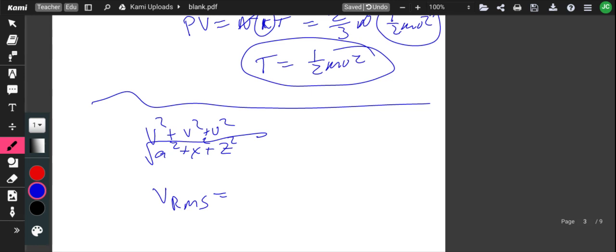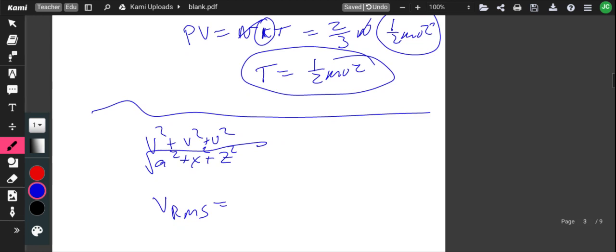And so when we take the 2/3 n times 1/2 mv squared, and we simplify this down, that's equal to nKT. What we find is that the n's cancel out.